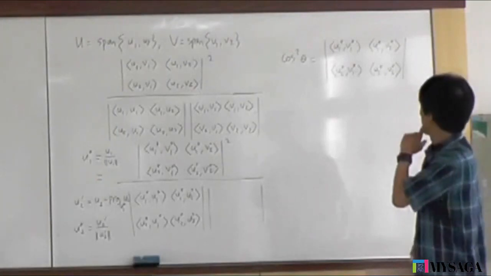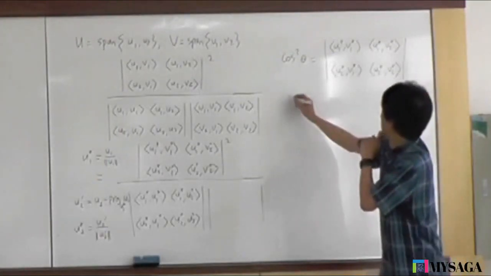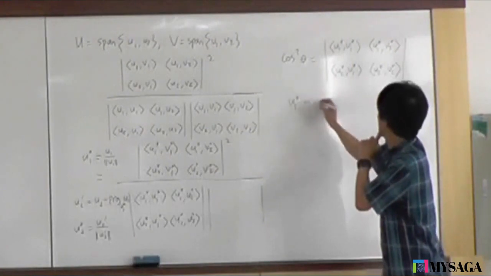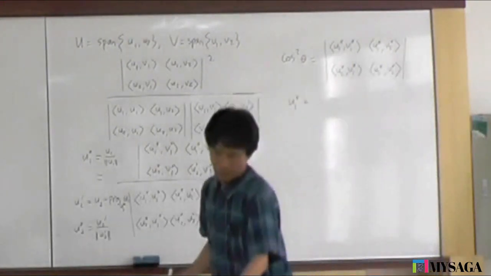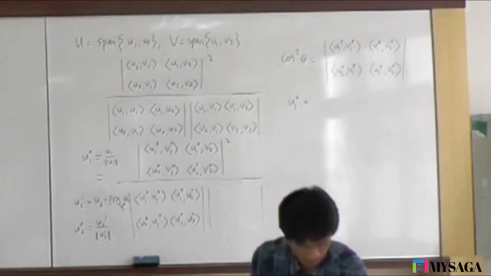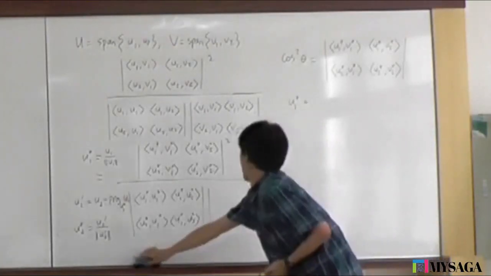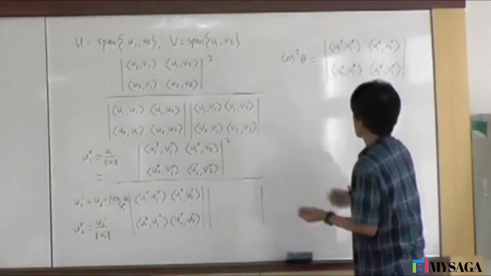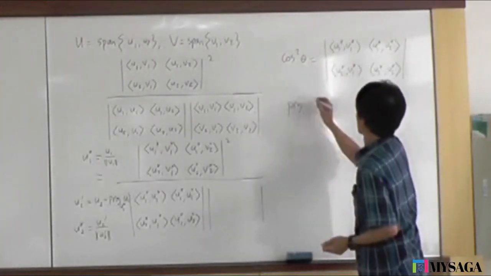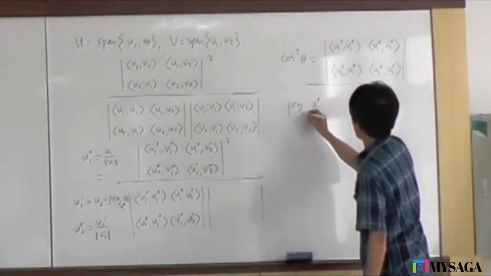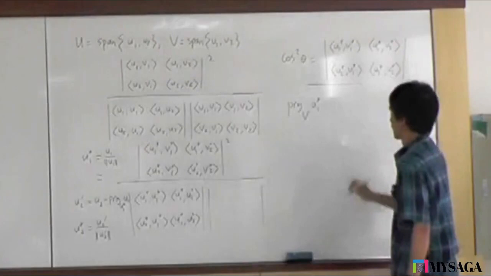That is my aim, right? Looking at U1 star is actually, hang on. So we stop for a while. Now what is the projection of U1 star on V?